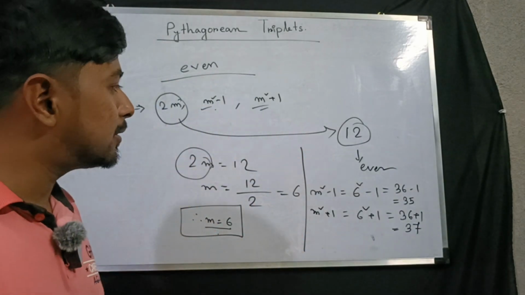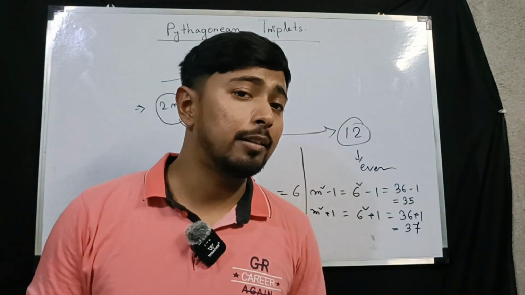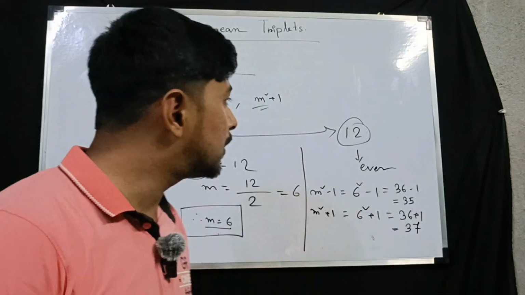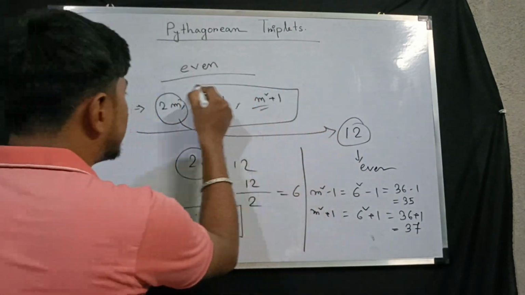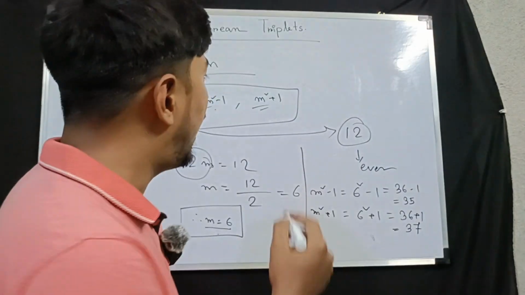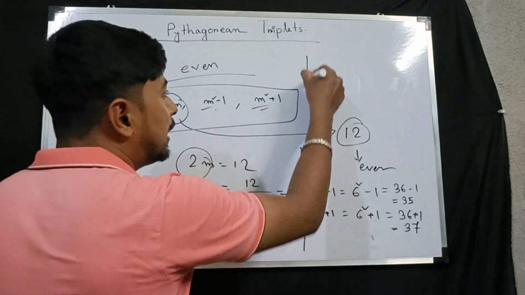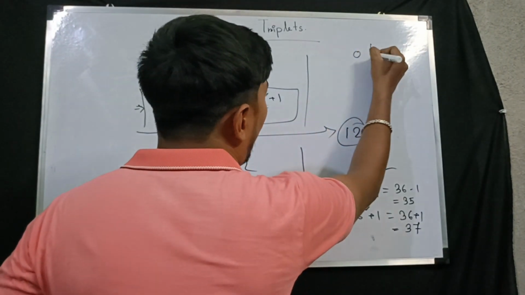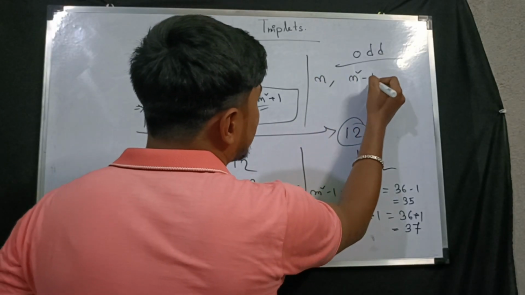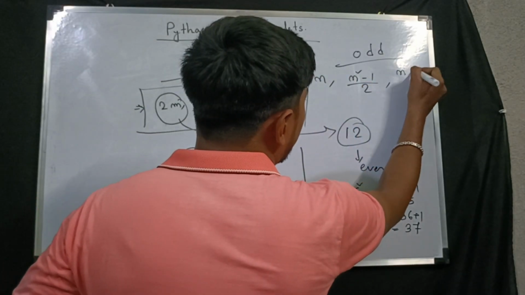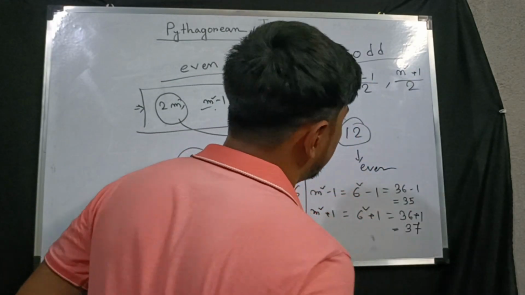So this is the process by which we get the Pythagorean triplets. If the first number is even, then we use these rules, m square minus 1 and m square plus 1. And if the first number is odd, then we use n square minus 1 by 2 and n square plus 1 by 2, right?